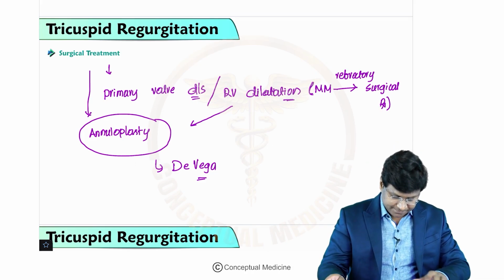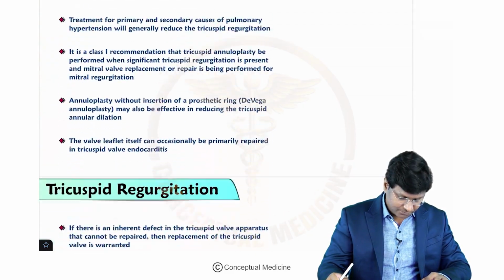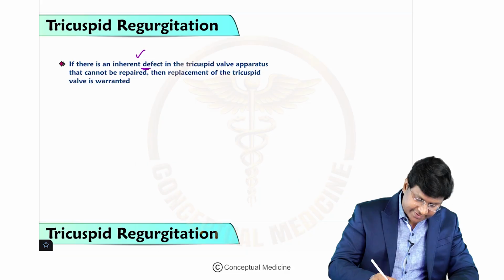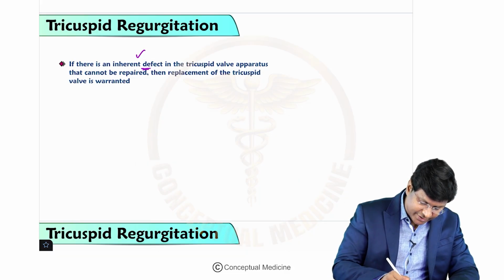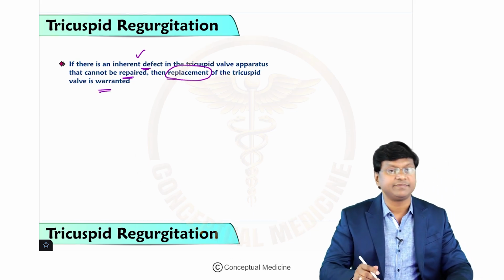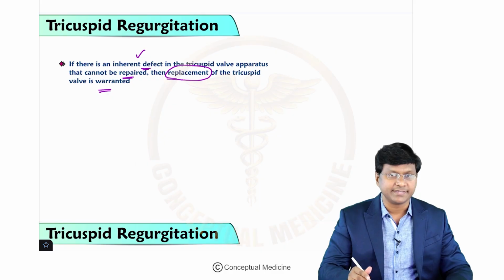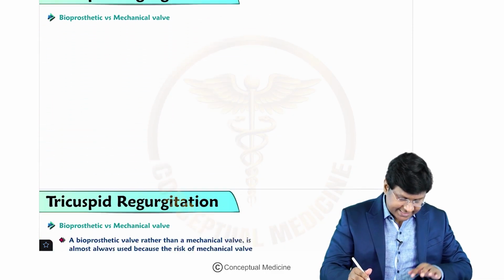Suppose there is an inherited defect in the tricuspid valve apparatus that cannot be repaired, then replacement of the tricuspid valve is warranted. Now you need to decide between a bioprosthetic or a mechanical valve.